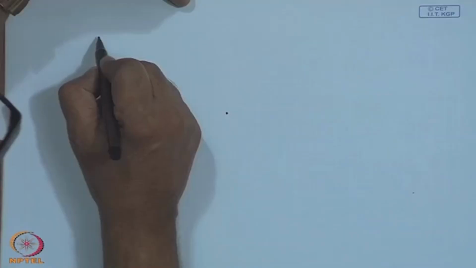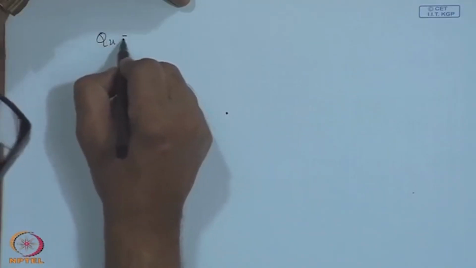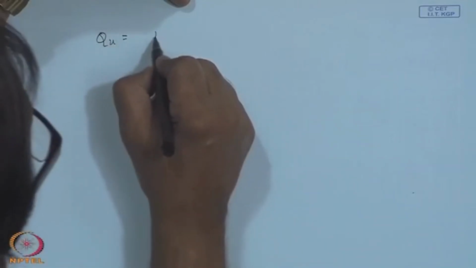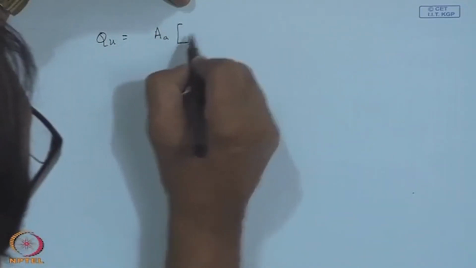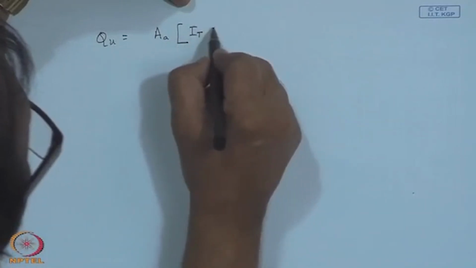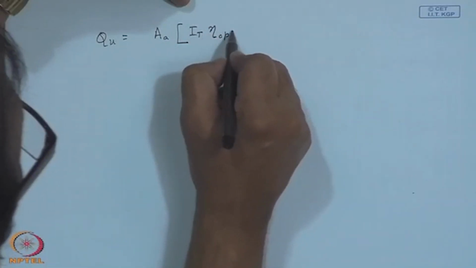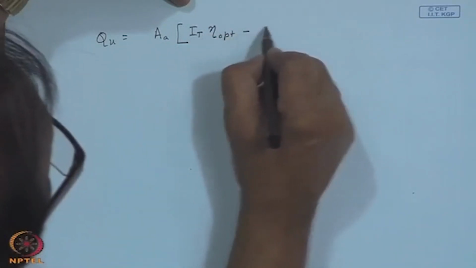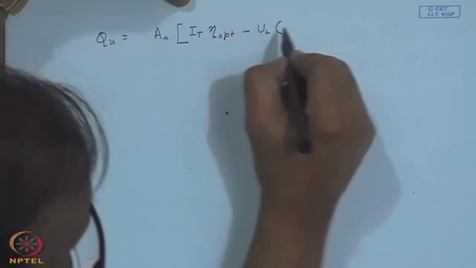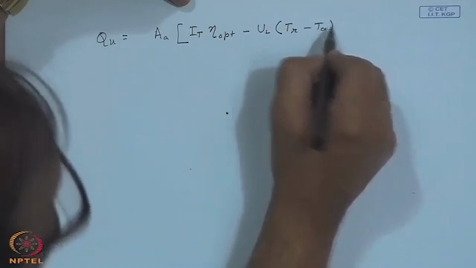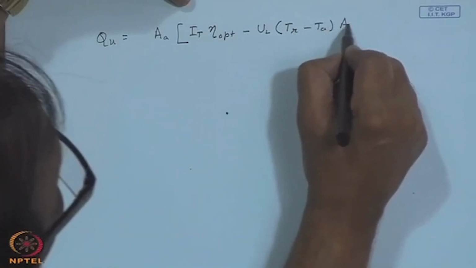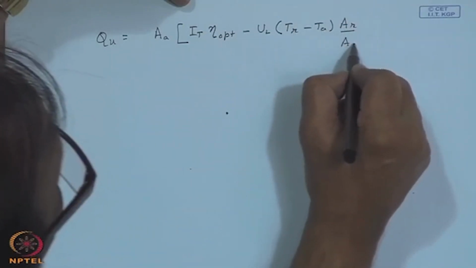Now, if we try to write it per unit area, like in the standard form, I can write it as AA times IT eta optical minus UL times Tr minus Ta times Ar upon AA.